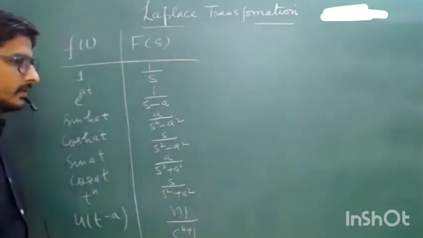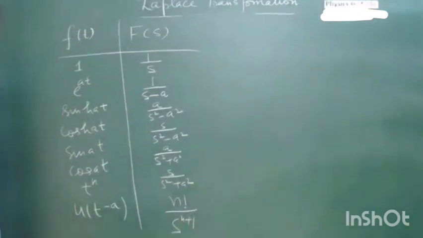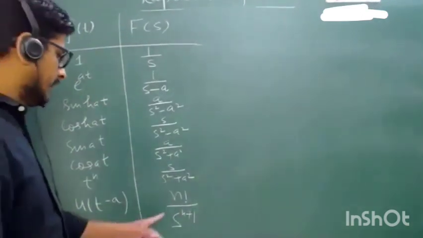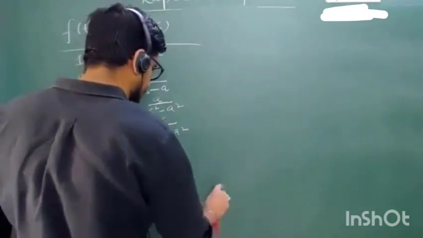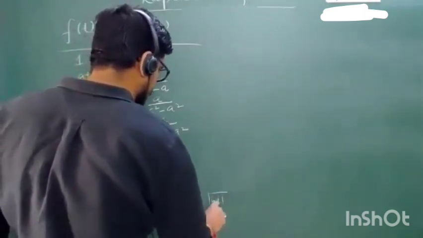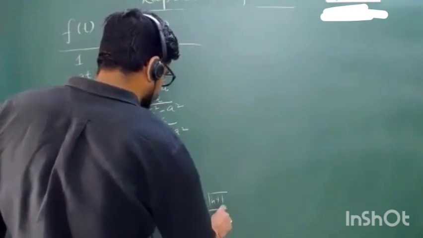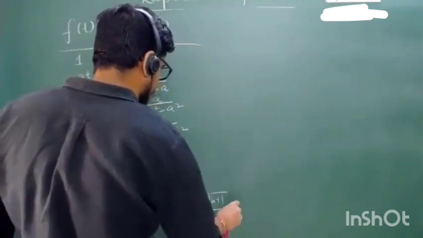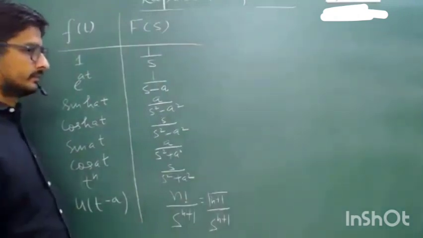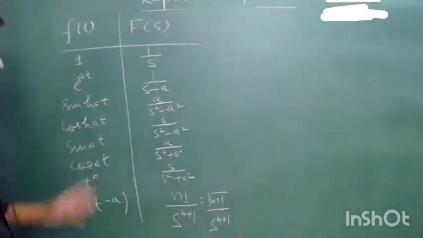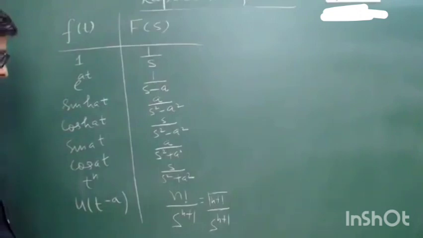That means we can also write it like gamma n plus 1 over s to the power n plus 1. So these are the basic transformations that we have to remember.